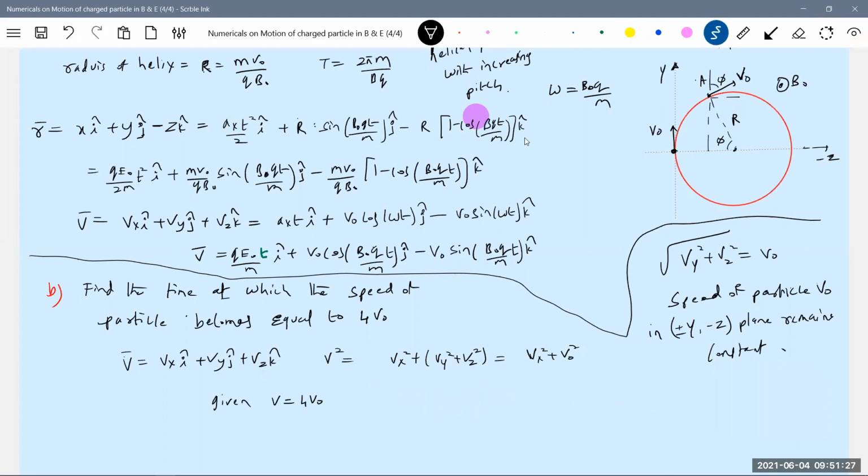Okay, fine. So this will be 4v0, and I'll do it fresh. 4v0 square should become axt whole square. This will become v0 square.